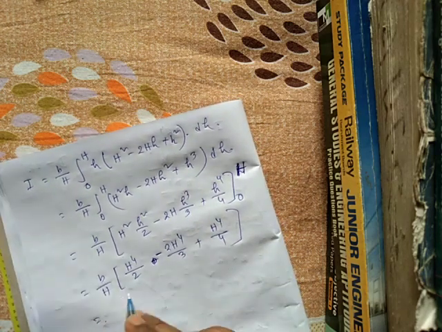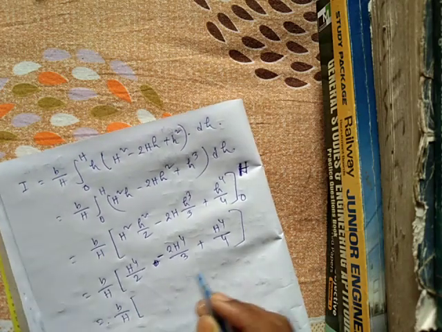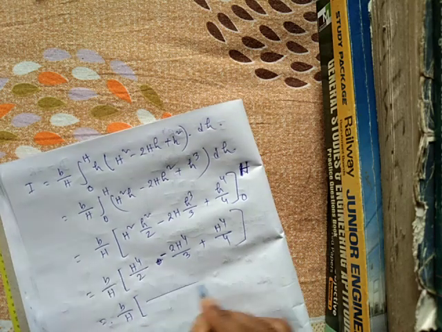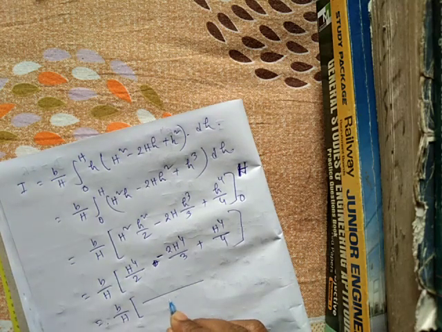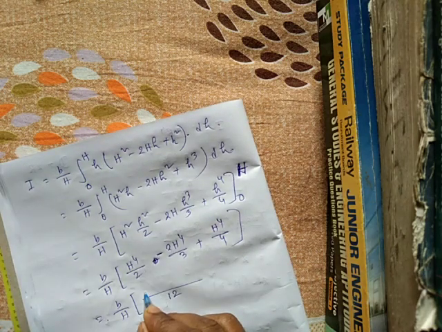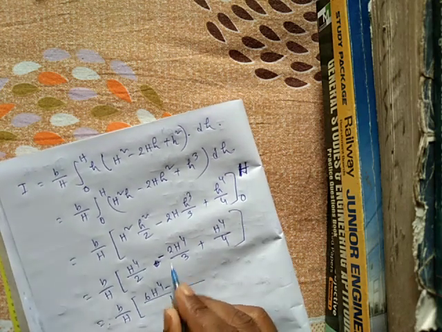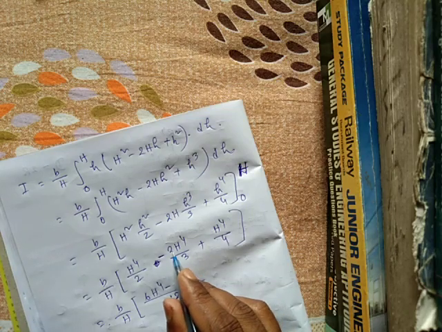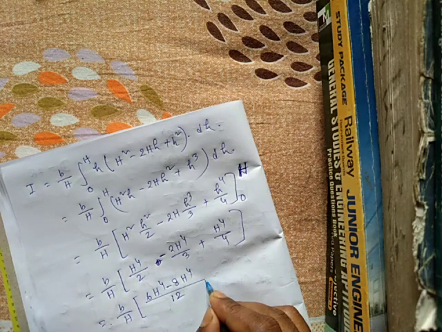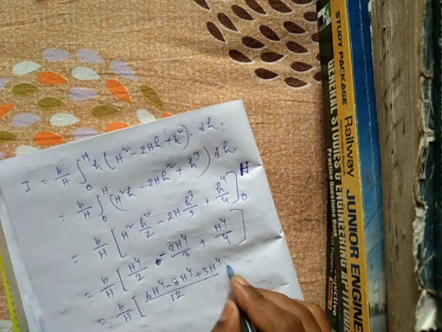Now we can simplify: b by H into, taking LCM 12, (6 H to the power 4 minus 4 into 2, 8 H to the power 4, plus 3 H to the power 4).